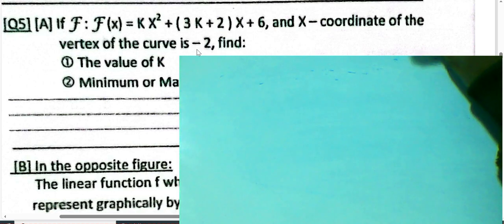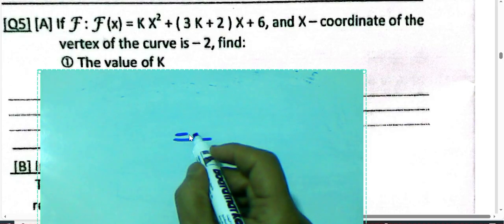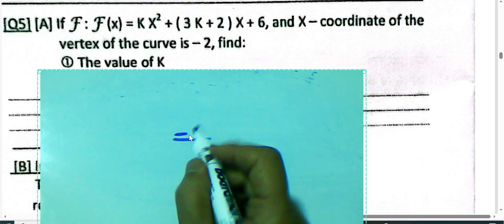Do you remember about the x coordinate of the vertex? It is the negative coefficient of x over 2 times the coefficient of x power 2, negative b over 2a, like this.